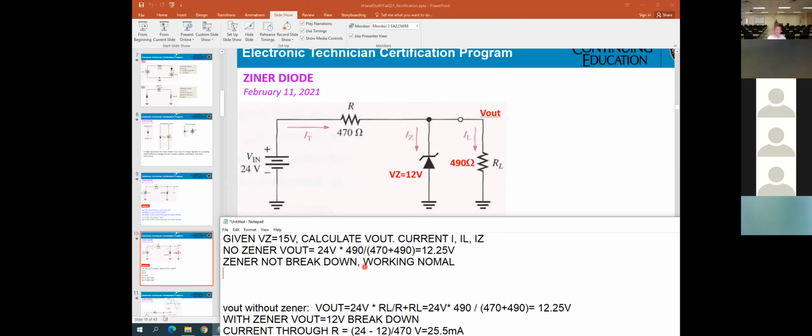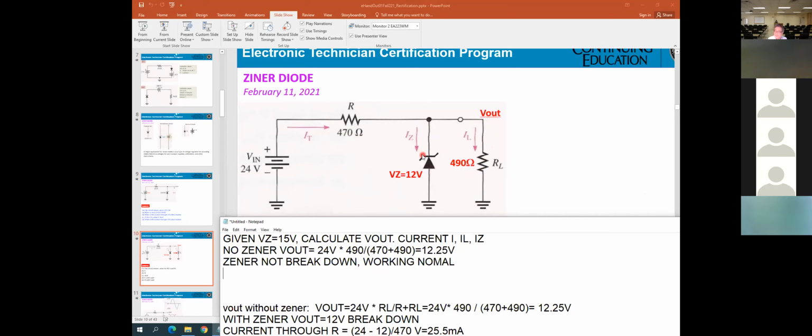Okay, so that means if you want to calculate the current, then you take the 24 divided by 470 plus 490. Okay, you use the voltage divider to calculate the Vout. So if they are asking for the Zener current, it is supposed to be 0.